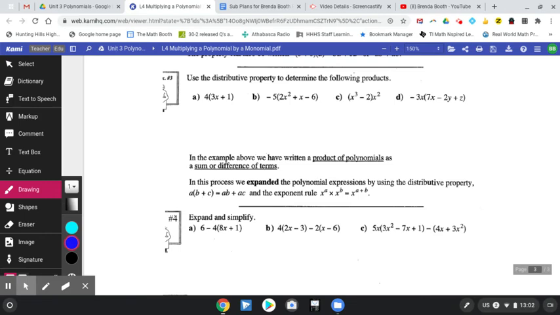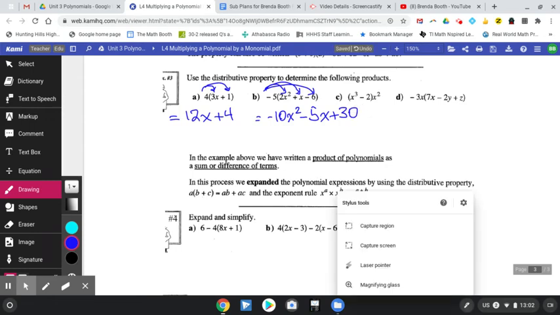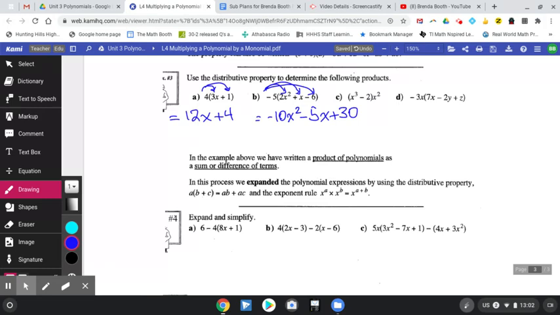So I'll go through the steps here and I want you guys to just check your work compared to mine as we go. So on that one, things to watch for, making sure that's a negative 5x and that is a positive 30.